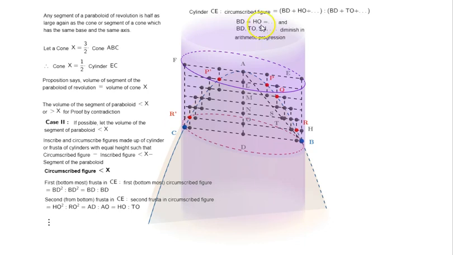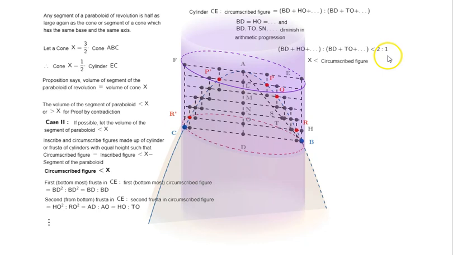Again, BD is equal to HO, all these will be equal, and BD, TO, SN dot dot dot diminish in arithmetic progression. So this proportion, BD plus HO plus dot dot dot is to BD plus TO plus dot dot dot, is less than 2 is to 1. Again, proposition 1.